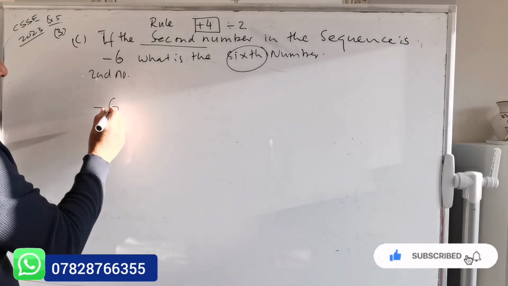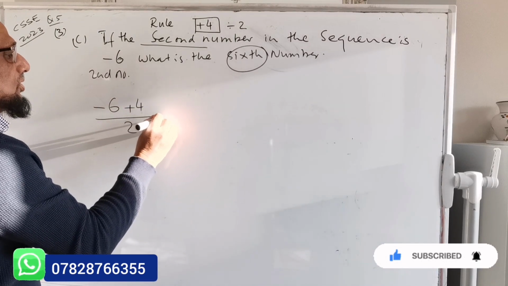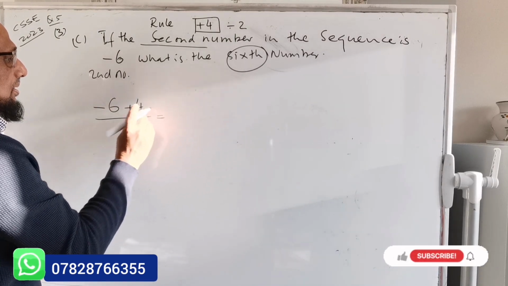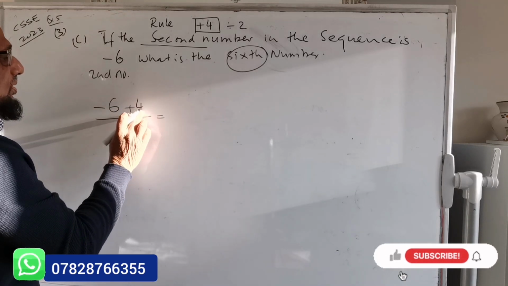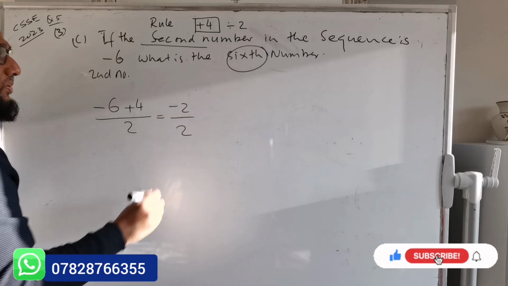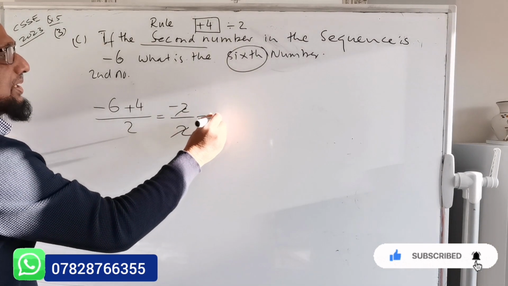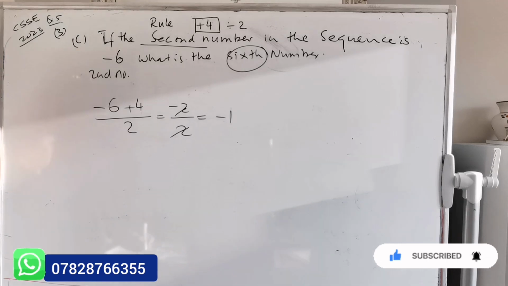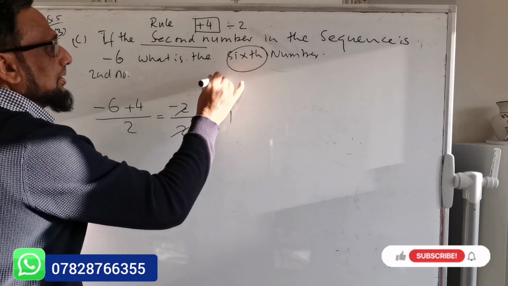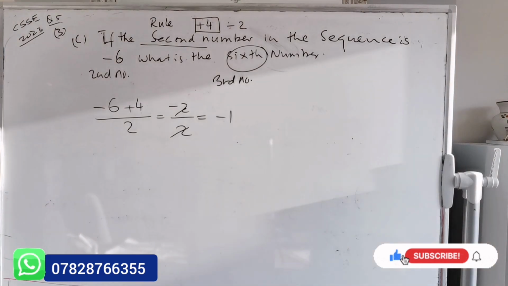Minus 6 plus 4, divided by 2. Minus 6 plus 4 is minus 2, divided by 2. So the answer is minus 1. This is your third number in the sequence.